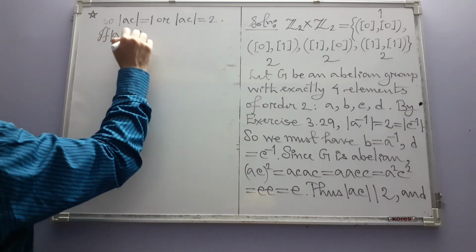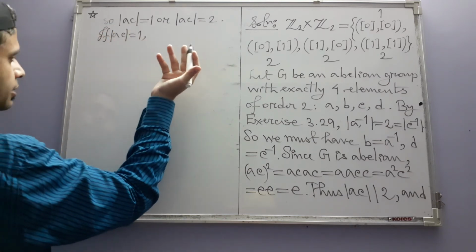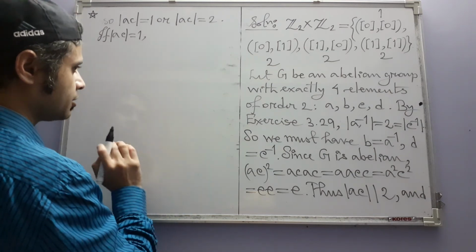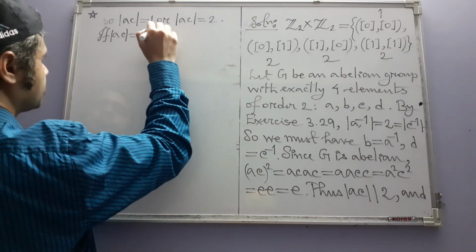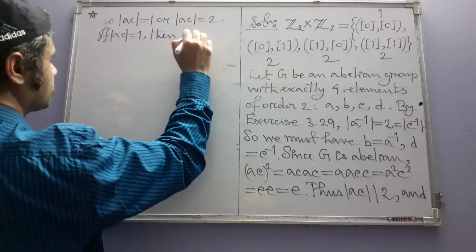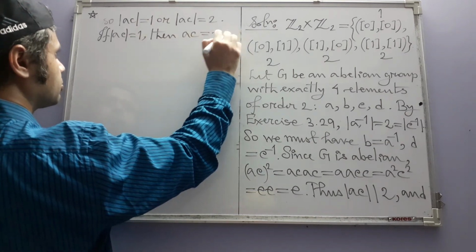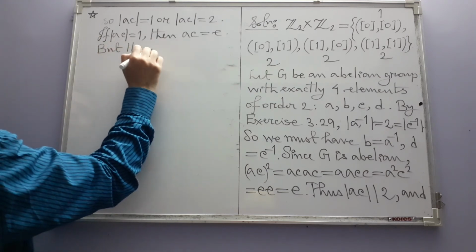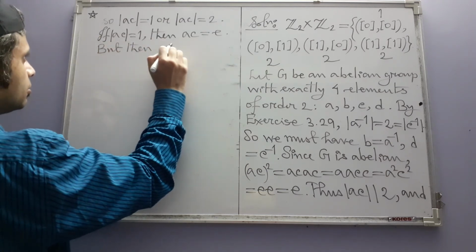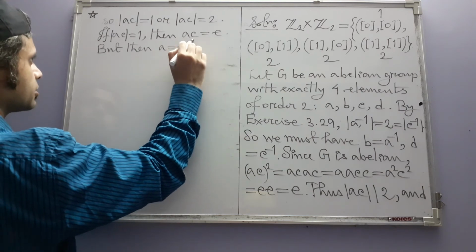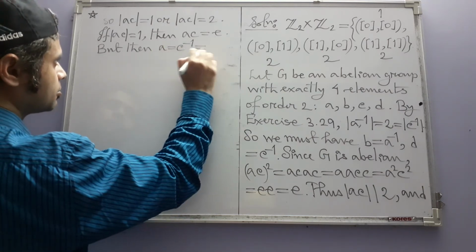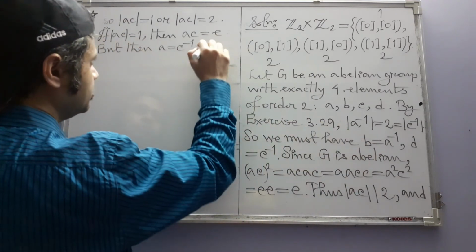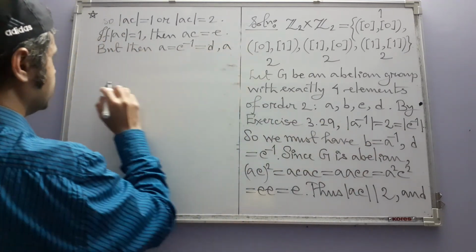If this order is 1, then it has to be the identity, because in any group the identity element is the only element of order 1. But then A is equal to, for example, C inverse, and C inverse is D, a contradiction.